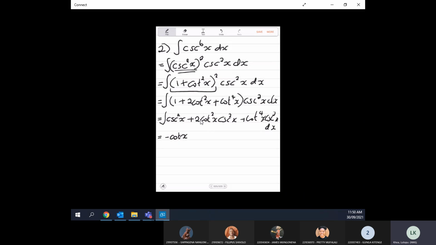So we would just have 2, and then we raise the power over here to 3, and then also divide by 3. So we have 2, negative cot to the power of 3 of x over 3. And then the same thing with the other one, negative cot to the power of 5 of x divided by 5. Then we add our constant of integration.